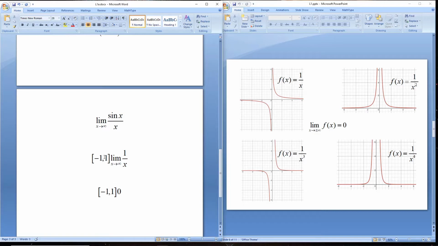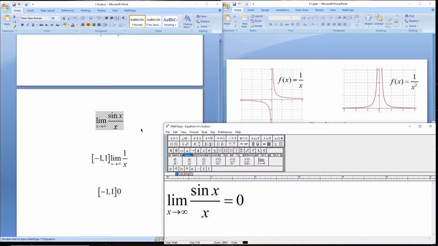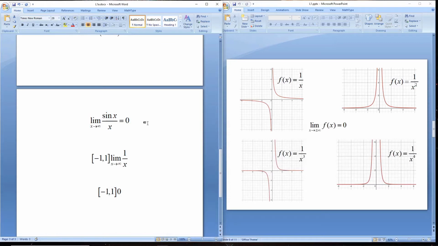It's not going to blow up to infinity. And then the limit of 1 over x does go to 0. So we have a case where we're going to have 0 times some number from sine, and that will always be 0. And that's our limit.